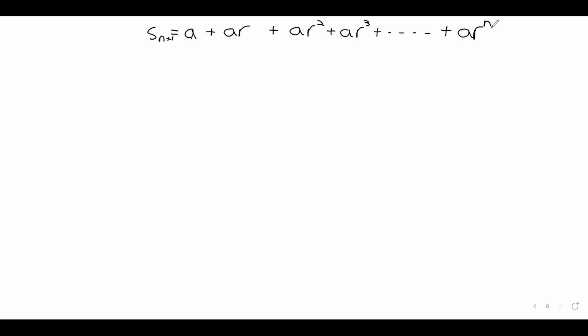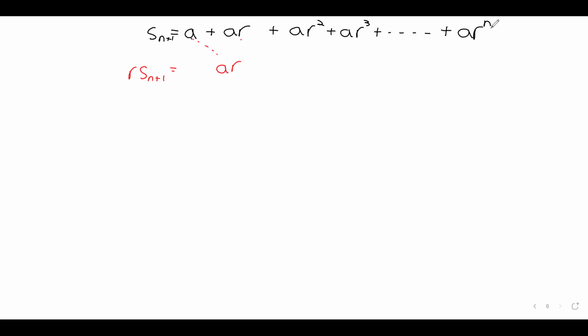But the trick is that we take this and it's a finite sum and we can deal with it like we deal with finite sums, and we multiply both sides of this equality by R. And when we multiply A by R, we get AR.